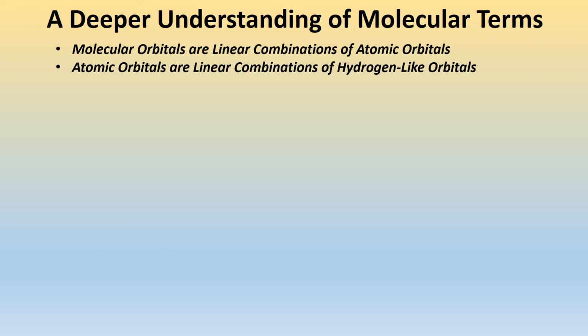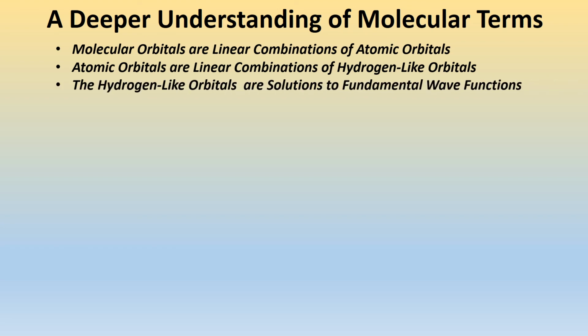The hydrogen-like orbitals are the solutions to the fundamental wave equation and the Schrödinger equation. Therefore, it is important to remember that these mathematical solutions both define the reality we live in and also carry consequences with them. A deeper look at this fact is a deeper look at the math.